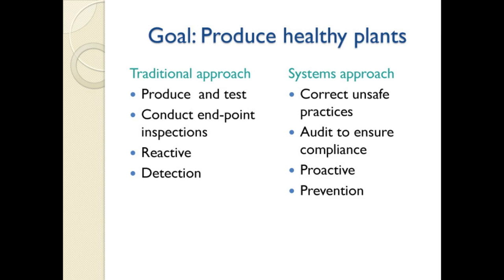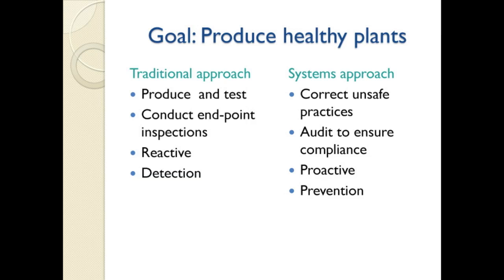It's based on an auditing system to ensure compliance with certain standards, which are felt to be safe practices. It's a very proactive way of dealing with problems, and it's based entirely on prevention. You want to keep these pests and pathogens out, and you do so by correcting unsafe practices. So it's a very, very different approach.